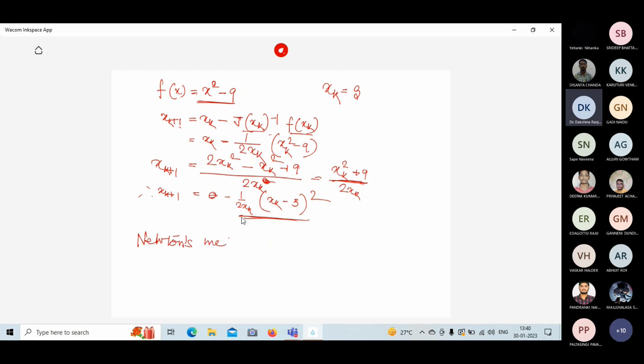In Newton's method, we write xk plus 1 equals xk minus Hessian.